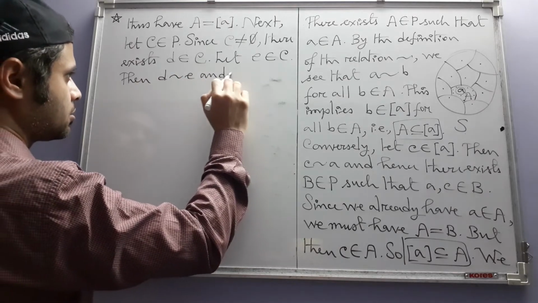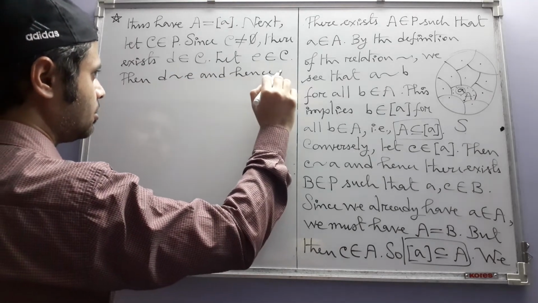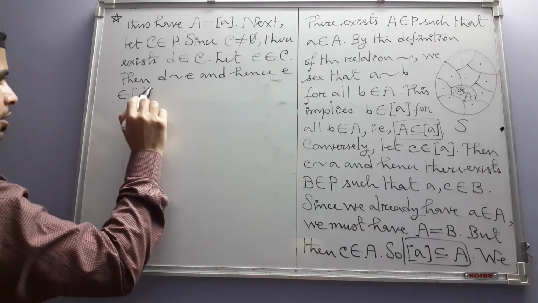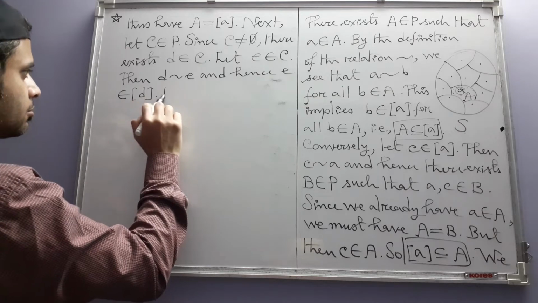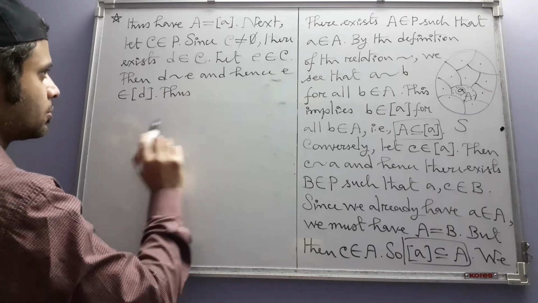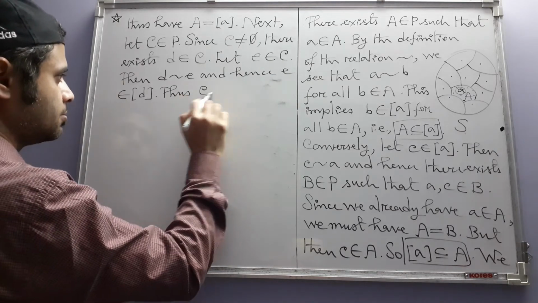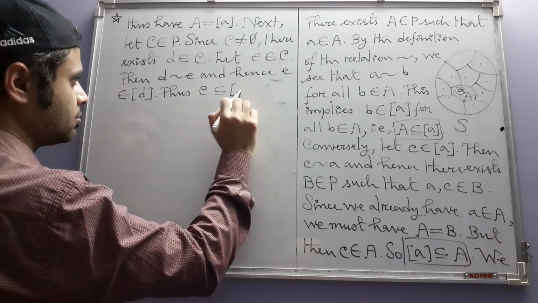And hence E actually belongs to the equivalence class of D. So any element in C belongs to the equivalence class of D. So C is a subset of this.